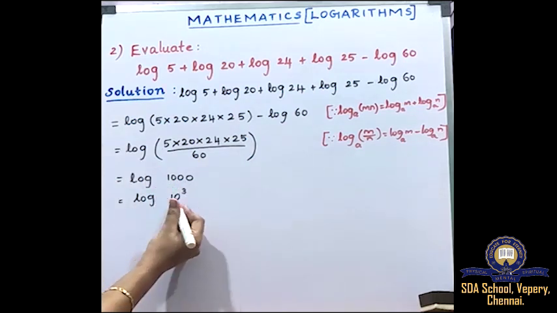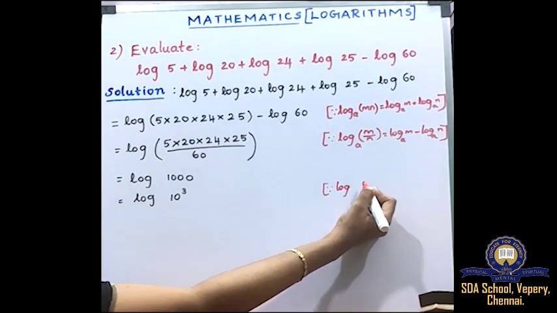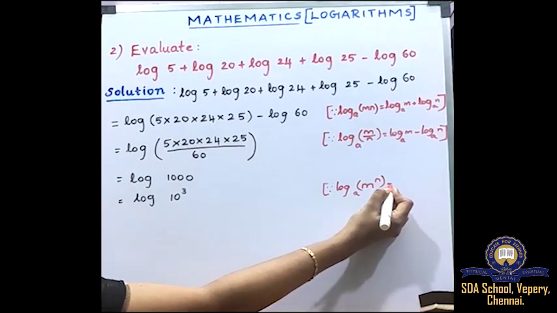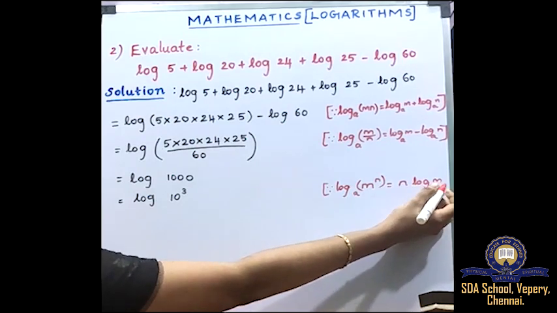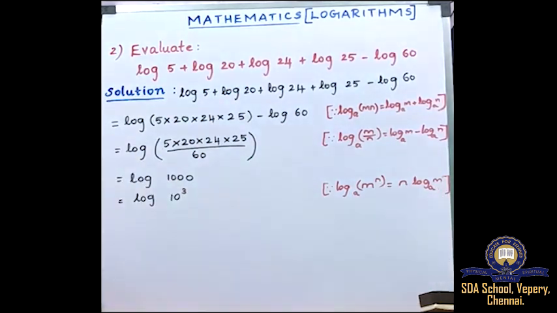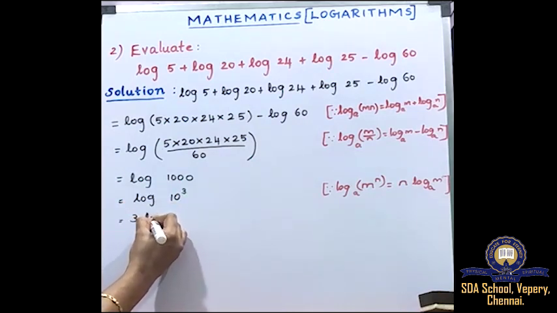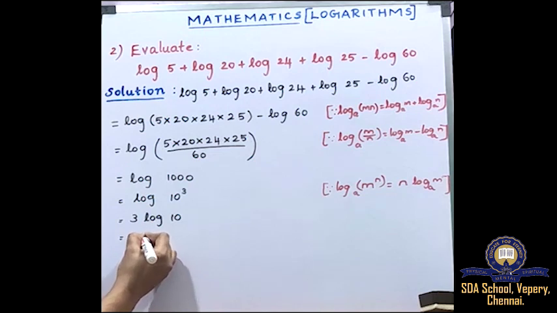So now here we are going to use another law, the power rule, that is log m power n to the base a equals n log m to the base a. When you apply this law here, the n value is 3, right? So 3 log 10. The log 10 value here is 1. So 3 into 1 is 3. Thus we have found the answer to be 3.